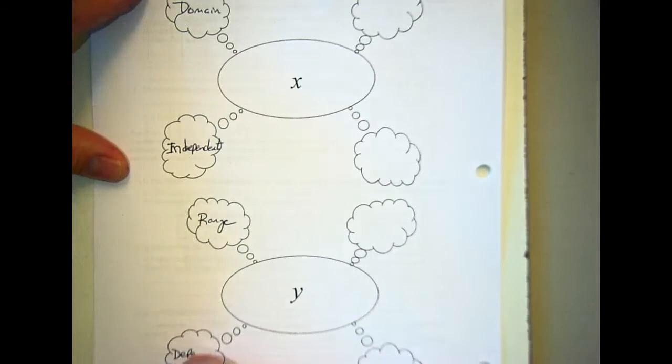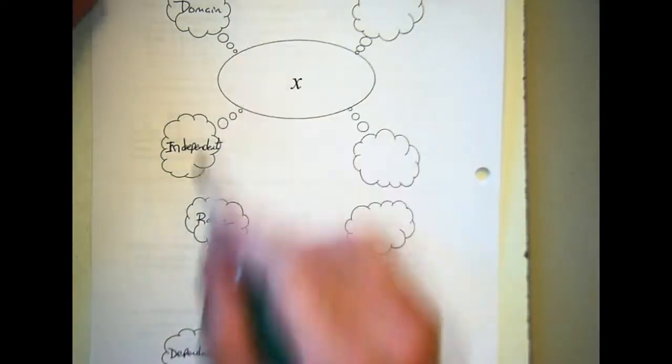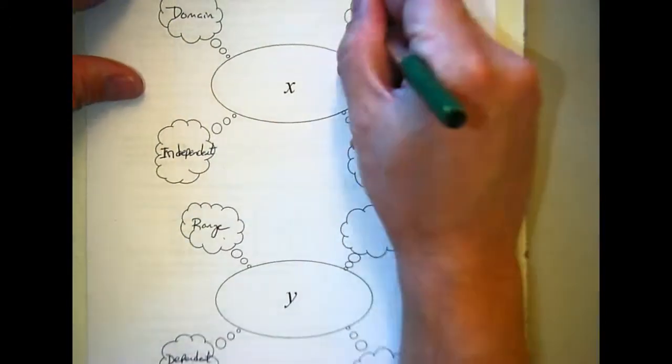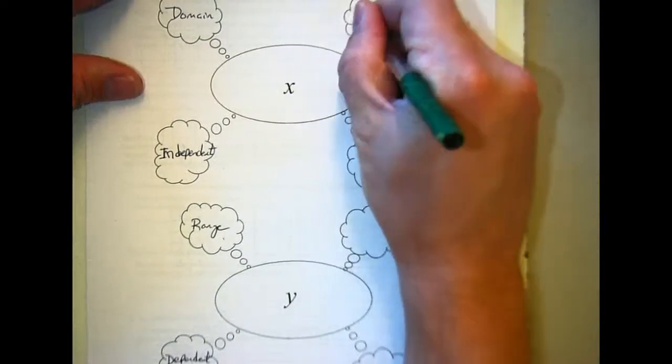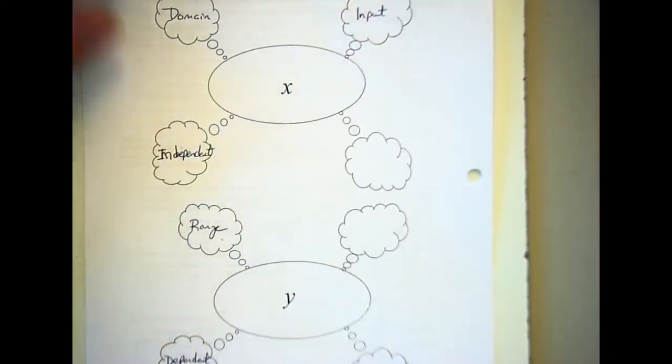These are all different names, just like slope had a bunch of names, or will have a bunch of names when we talk about it. And rate. Okay: domain, range, independent, dependent. How about input and output? X is our input. Y is our output.